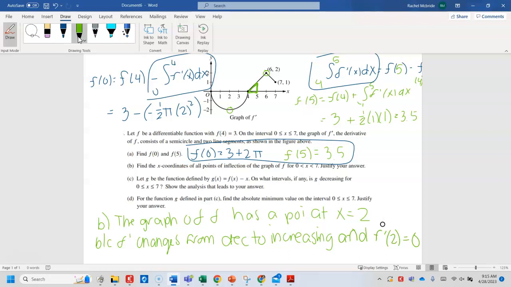You could say that you have a second point of inflection at x equals 6, but your reasoning is different.